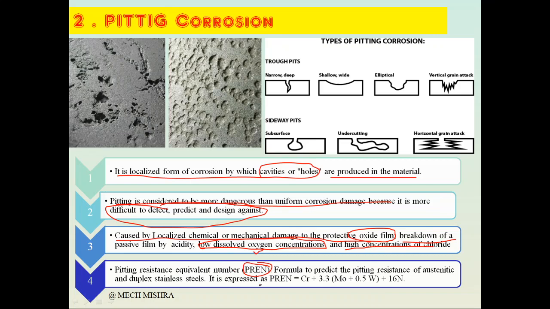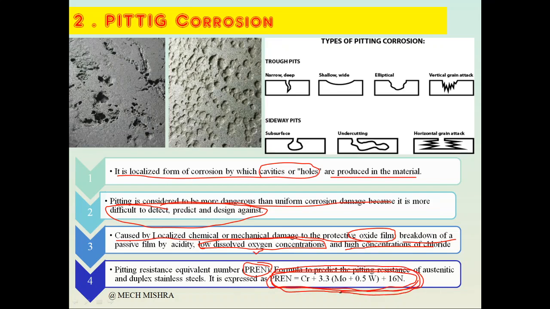There is a formula to calculate PREN: the percentage of chromium in the metal, plus 3.3 times the percentage of moly, plus 5.5 times tungsten, plus 16 times the percentage of nitrogen. So if the PREN number is high, my metal's pitting resistance will be high.